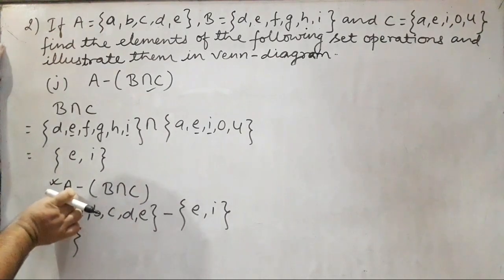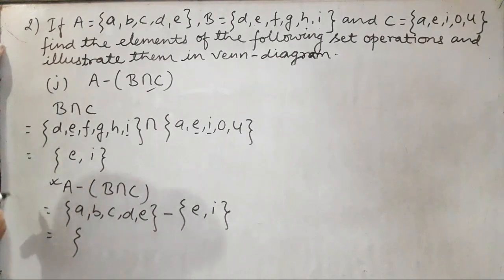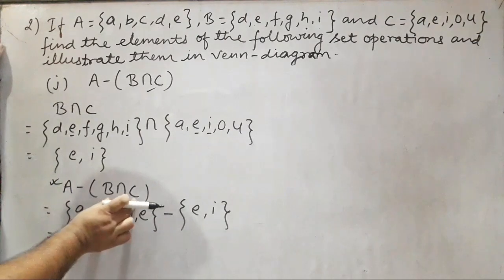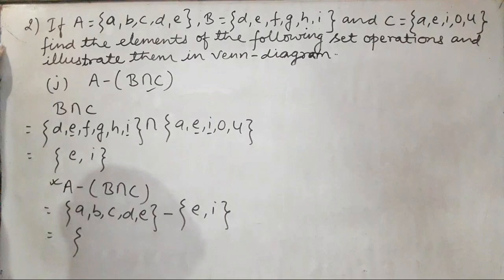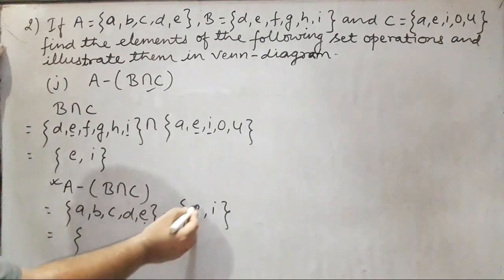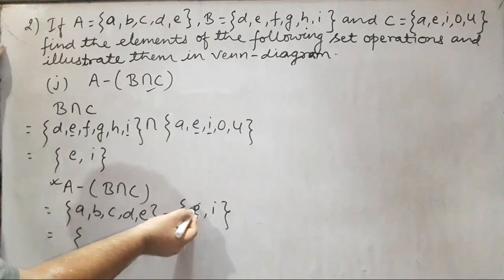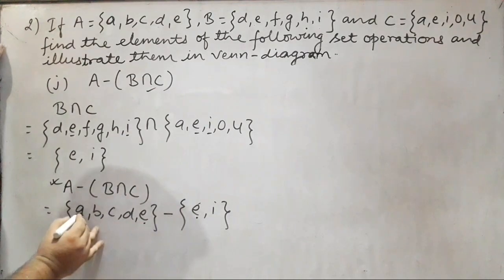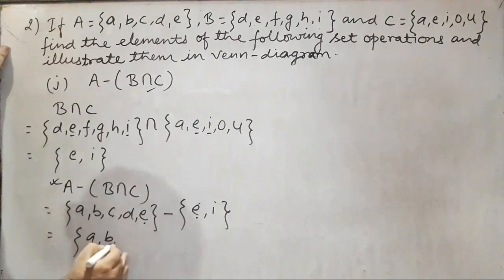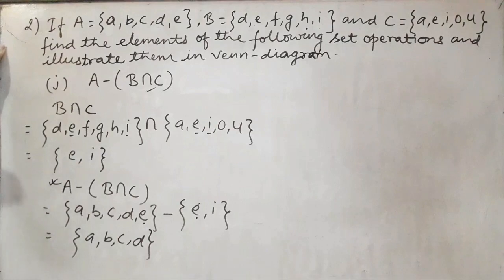Here set A is given first, so we write down the elements that are in set A but not in B intersection C. The element E is common in both, so we cancel it in our mind. What is left? The elements A, B, C, D are left. So A minus (B intersection C) gives the elements A, B, C, D.